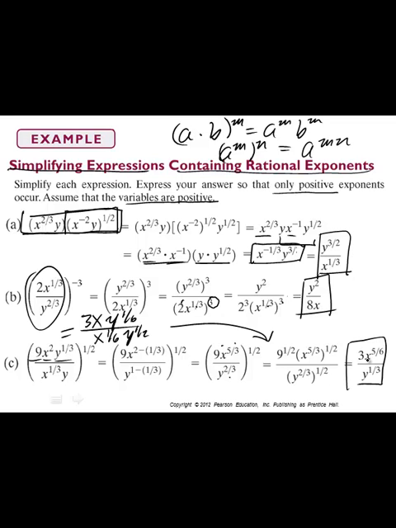That is your x to the 5/6 power here. Here's your 3. And here in my fraction up here, you had y to the 1/6 power in the numerator, y to the 1/2 power in the denominator. So in the denominator, you could take the 1/2 minus the 1/6. Okay.